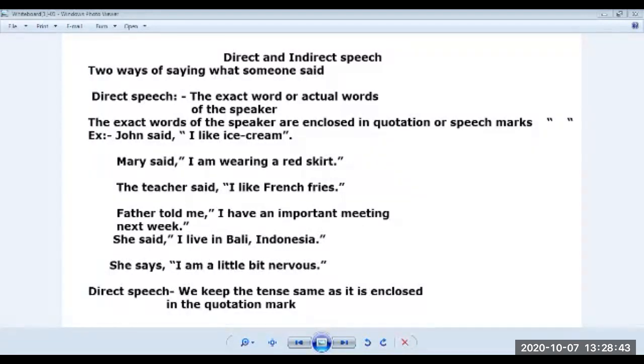Mary says, I am wearing a red skirt. But what if you have to tell me what Mary was wearing? How will you tell me, Taran? Try that. Mary was wearing a red skirt. Tell me.